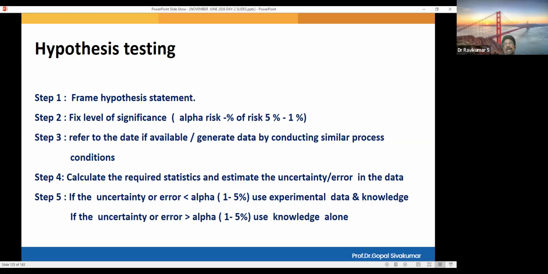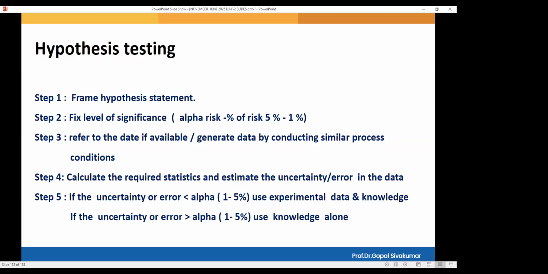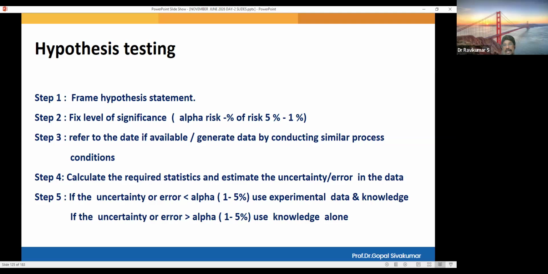So for example, you could have seen in police criminal cases, if a crime has happened in a particular area, the police will make that particular thief or murderer do the same activity again and they will capture it on video. Have you seen that? Yes, sir. So that is generating the data by conducting the experiment in similar conditions.